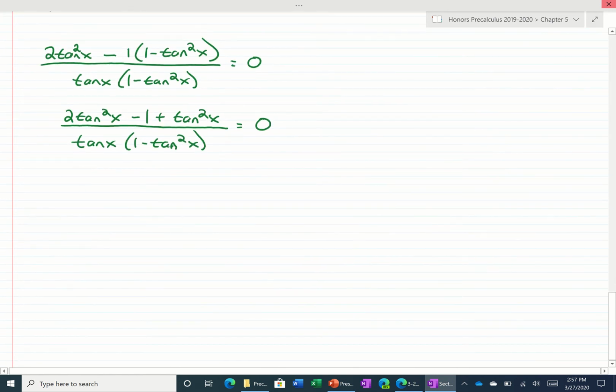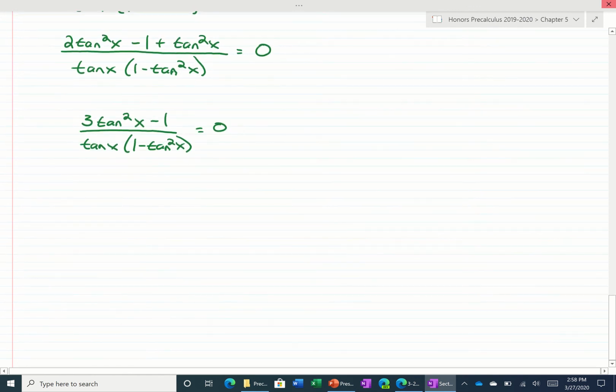Just turns into 3 times the tangent squared of x minus 1, divided by tangent of x times 1 minus tangent squared of x, equals 0.